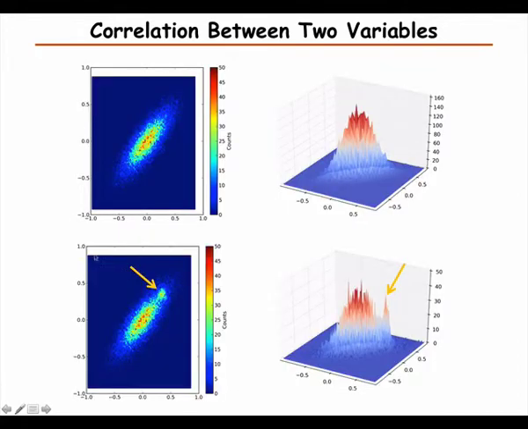This is the first case we looked at, and here is this other feature that we can see pretty well on the 2D histogram. And in this case, even on the 3D plot, if we select the right angle, we can see that extra feature pretty well.